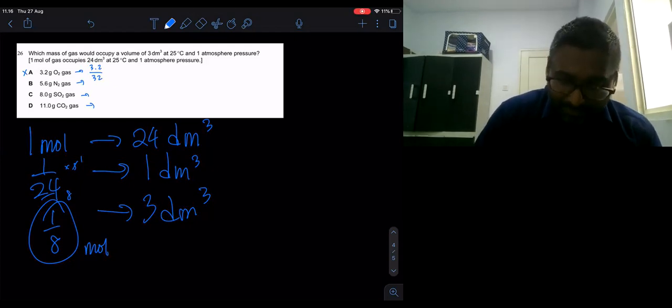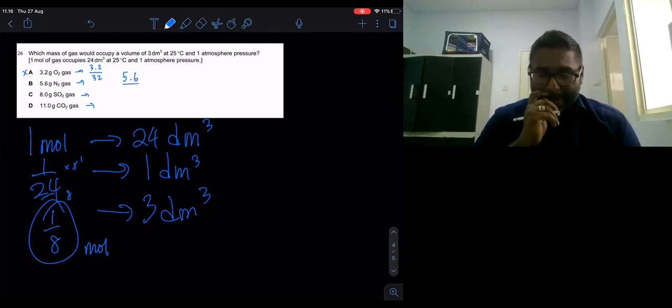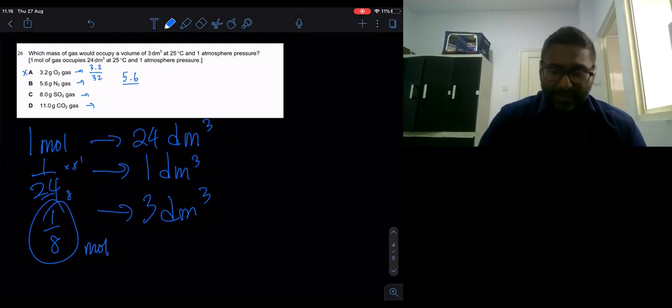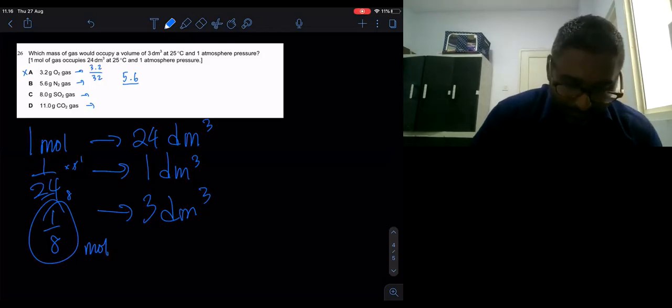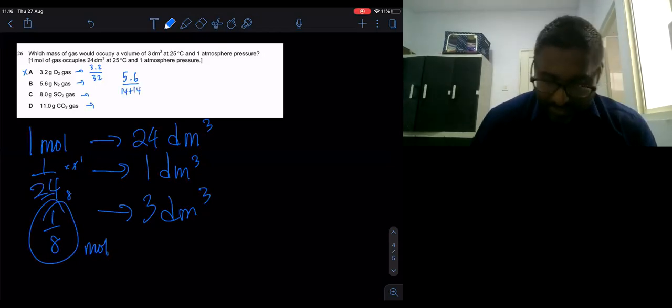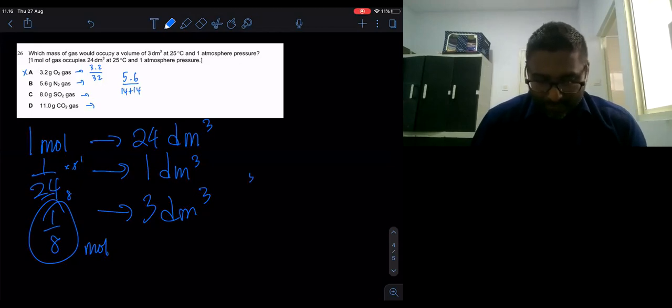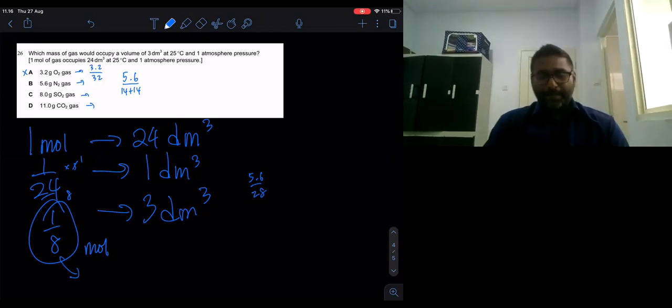So the next one, 5.6 divided by, nitrogen is 14? 14 plus 14, 28. 5.6 divided by 28, do you get 1 over 8?